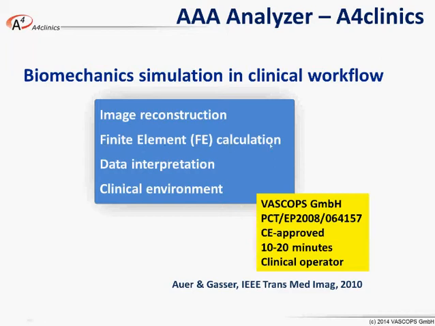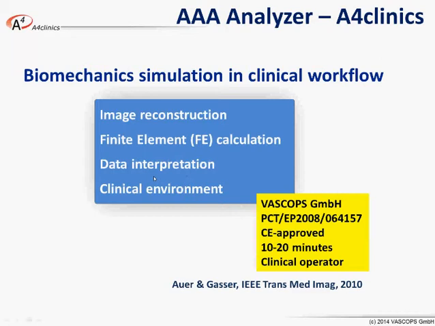Then you do a finite element calculation in order to predict or simulate wall stress, and then this prediction will generate a vast amount of data, and you have to extract the information that's important to you. So you have a smart tool of data interpretation.